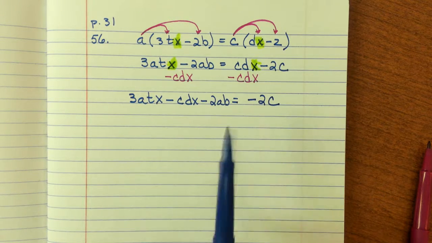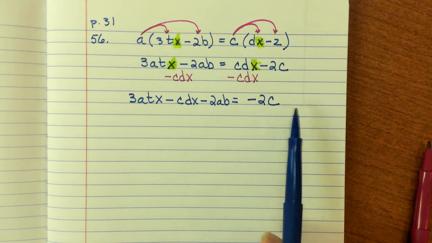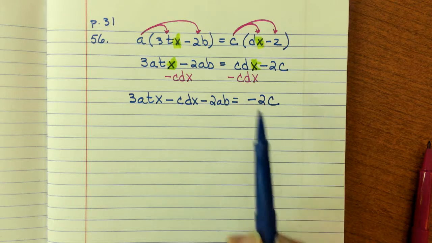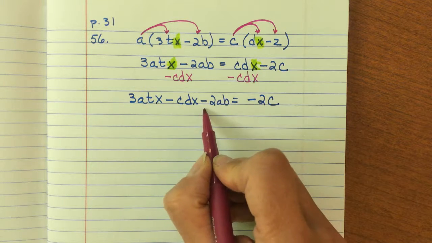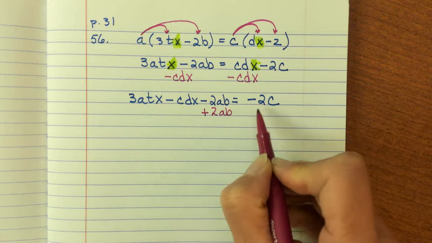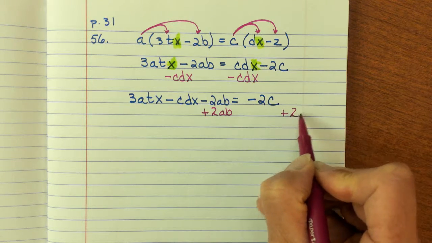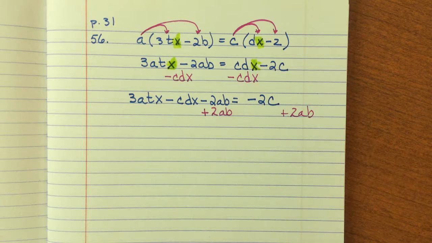Okay? Remember, I want to have my x's on one side and everything else on the other. So that means I need to get this negative 2ab out of there. So I'm going to do the inverse operation, which is adding 2ab. I'm going to write this right over here. Not like terms, so I won't combine them.